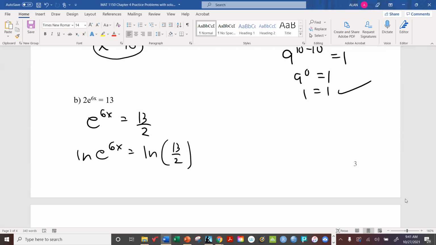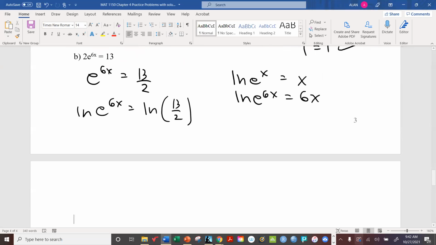Now, if you recall, the natural log of e to the x equals x. So therefore, the natural log of e to the 6x simply equals 6x. So 6x equals the log of 13/2.